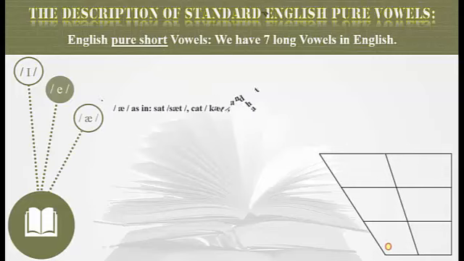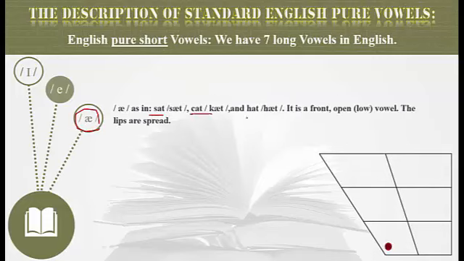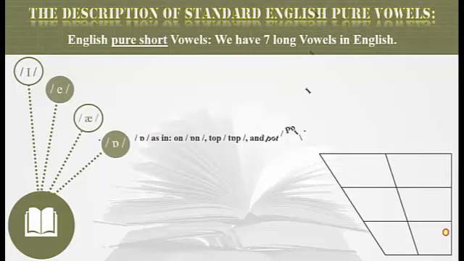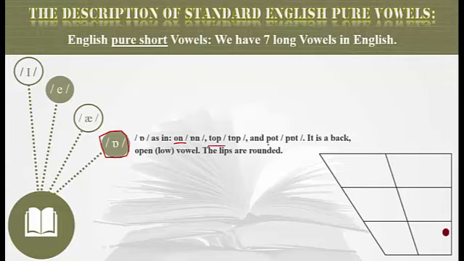This symbol here refers to the A sound, as in sat, cat and hat. Judging from its position, this one is a front open vowel. The lips are spread. The next symbol here refers to the O sound, as in on, top and pot.